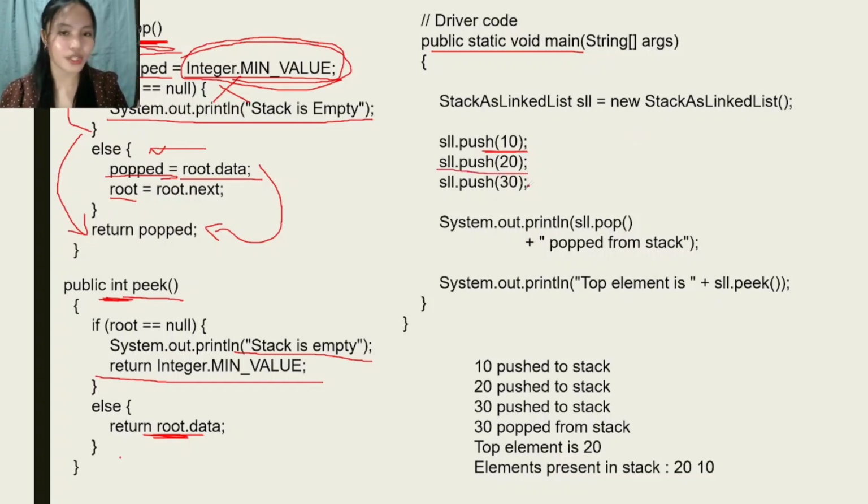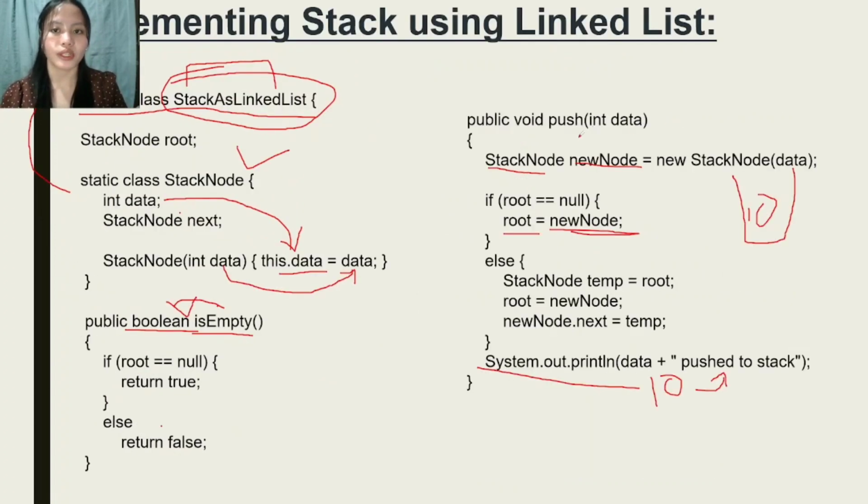So next, we will push again, SLL.push with an argument of 20, and that 20 will be accepted by our parameter int data. So we will go here in our push method, and then we will create an instance of a class stock node, then new node.